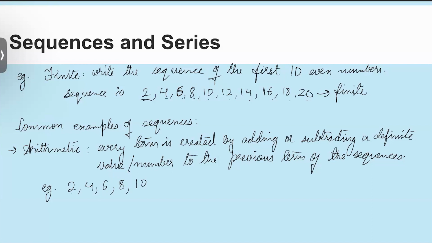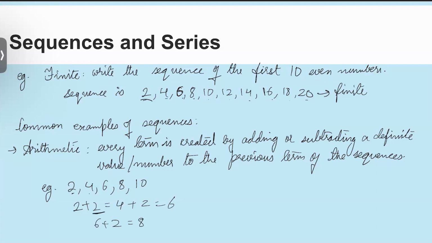You can have 2 as the first member of the sequence. Then if you add 2 to it, you get 4. Then if you add 2 again to the 4, the new term will be 6. Similarly, if you add 6 plus 2, you will get 8.